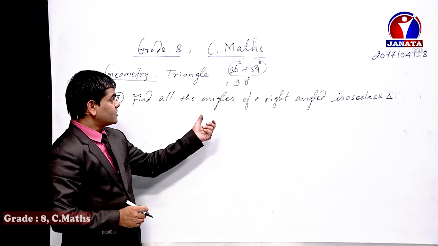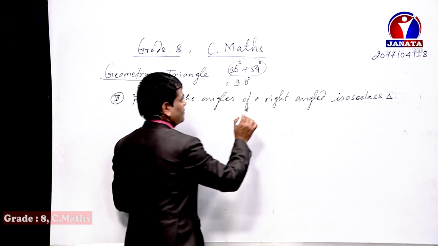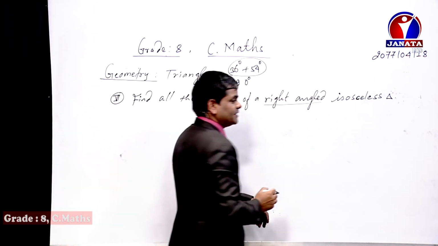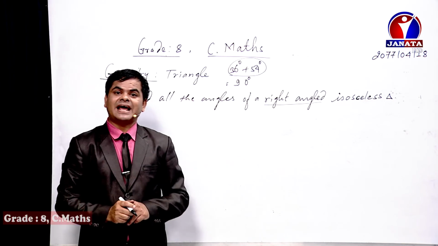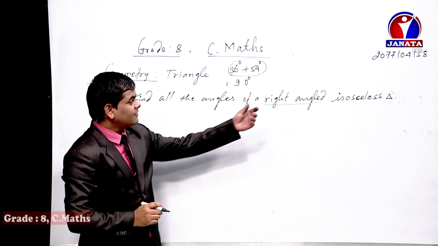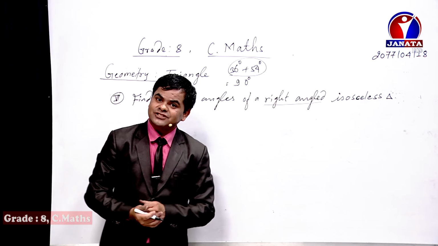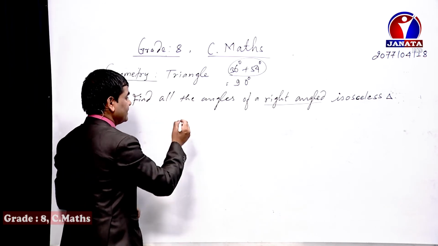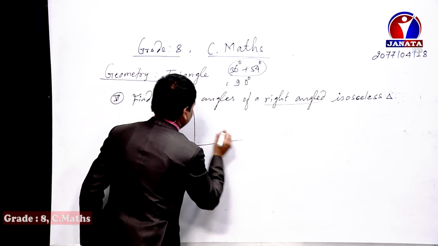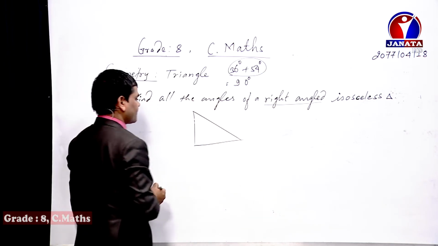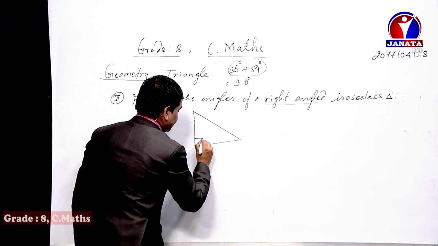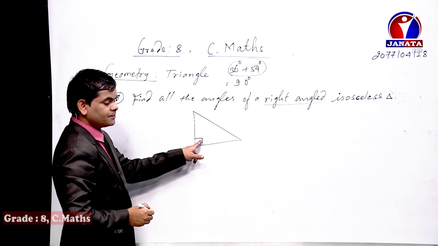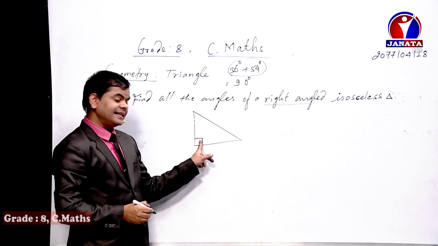In this question, what we have to remember? One is right angle. That means a triangle is there having one angle 90 degree. And another thing is, it is an isosceles. Both properties having triangle, isn't it? One having 90 degree. So we'll prepare the figure at first. Opposite to the 90 degree, symbolically we represent 90 degree in this form.